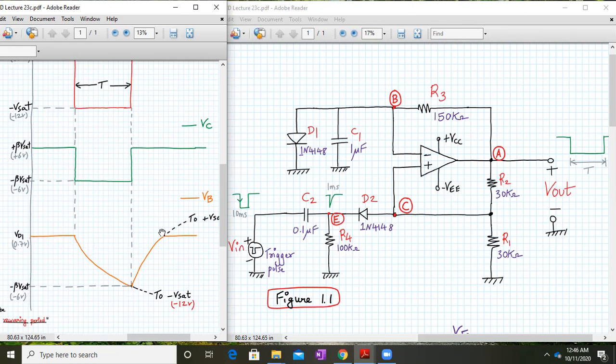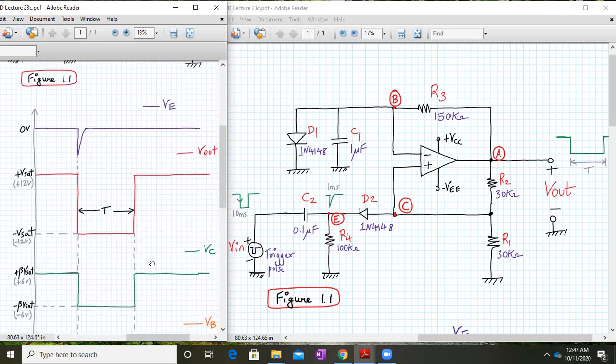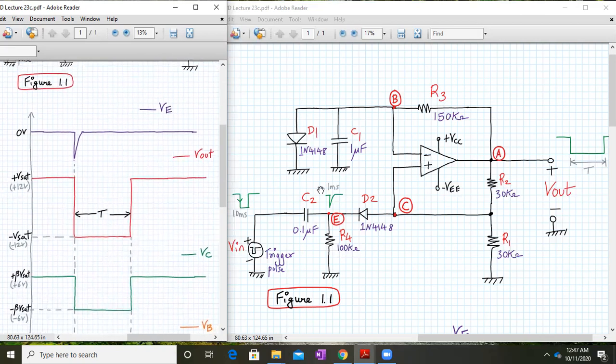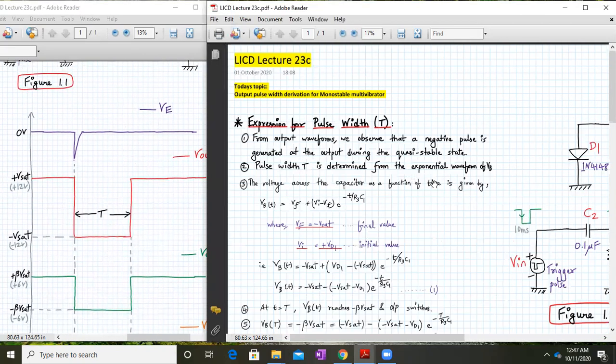And again, whenever the diode D1 is on, it will clamp the voltage across the capacitor to 0.7. That's why here it is 0.7. It cannot increase beyond 0.7, which means the capacitor cannot charge beyond this VD1 value. So let us focus our attention on deriving the output expression now.